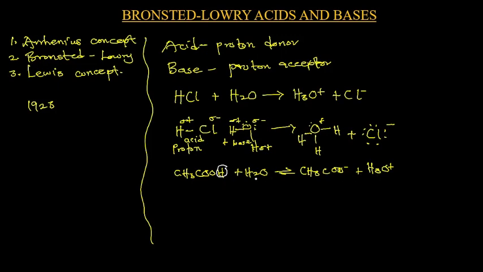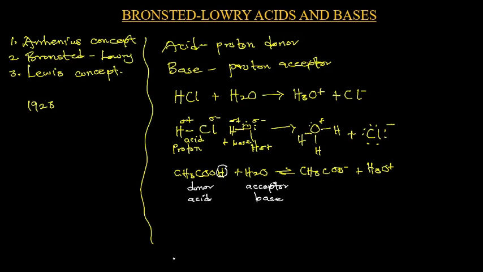However, the water molecule now gains that particular proton and becomes H3O plus. So this guy is our donor, and this is the acceptor. So if that is the case, the donor becomes the acid and the acceptor is a base. So that's another illustration of Bronsted and Lowry acid and base.